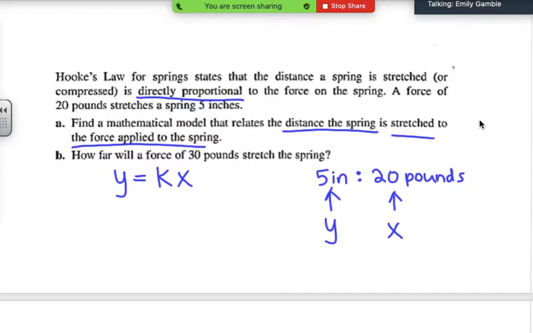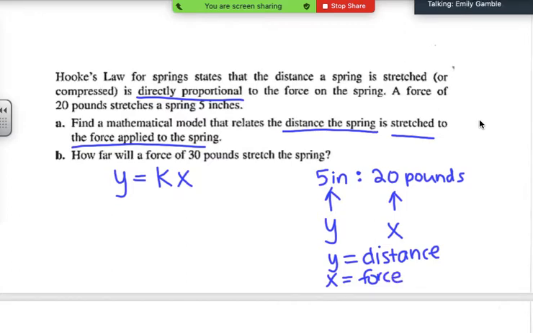So if we were to use the same model as before, what I would do is replace 5 in for y and 20 in for x, because the way that they have the problem written out, they're basically telling us that y is going to be equal to the distance, and x is going to be equal to the force. They don't tell us that in the problem.